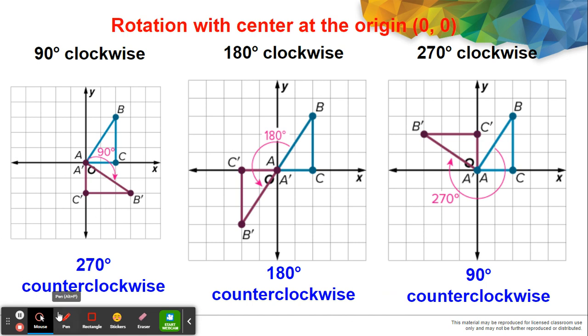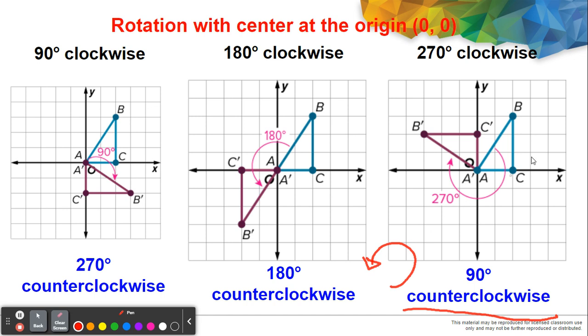So take a look at your 270-degree clockwise. If we rotate it counterclockwise, it goes the other way around the clock. For this one, if our pre-image is triangle ABC and we rotated it 90 degrees clockwise, it will be going here. Look at that one. And it's similar to rotating it 270 degrees counterclockwise.